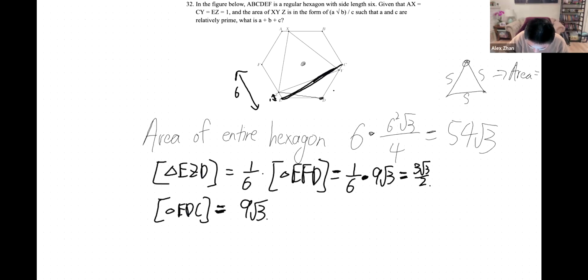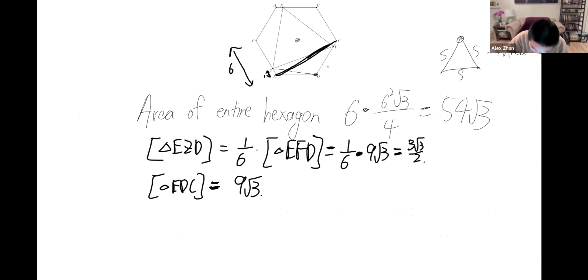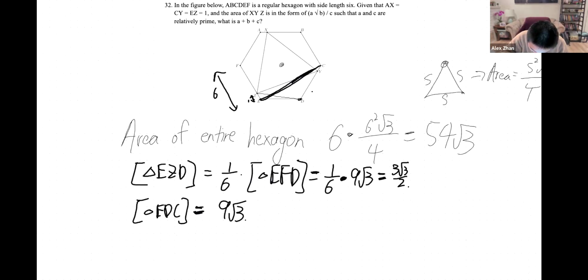Then for triangle ZDY, let's compare the base and height. If we consider this line to be the base, then the base length of DY is 5/6 of CD. Everyone agrees, right?